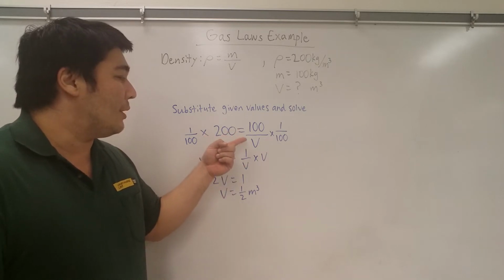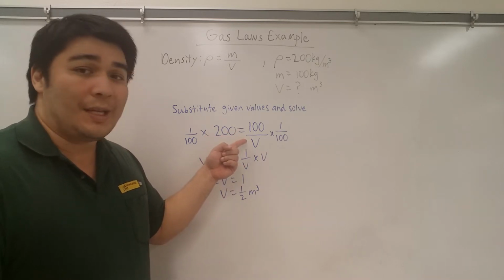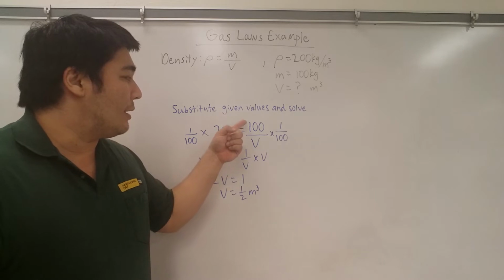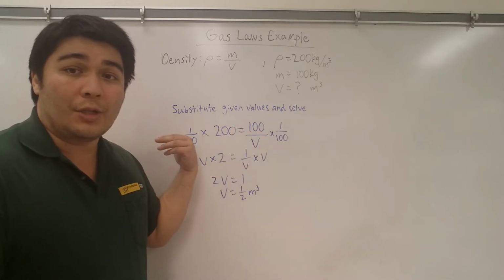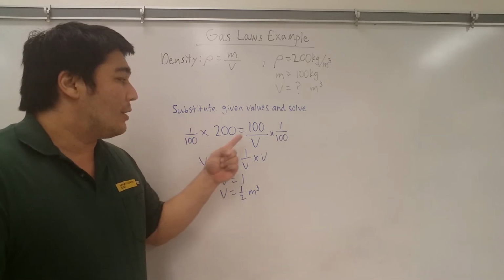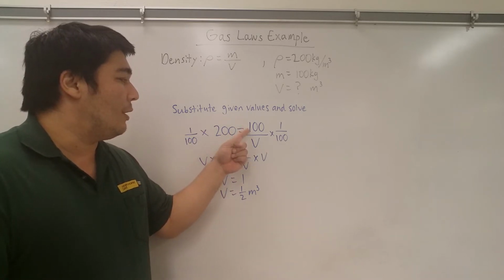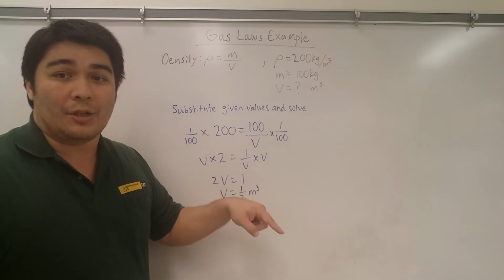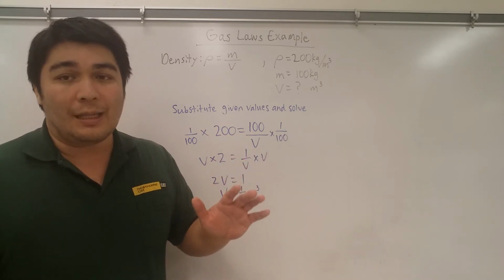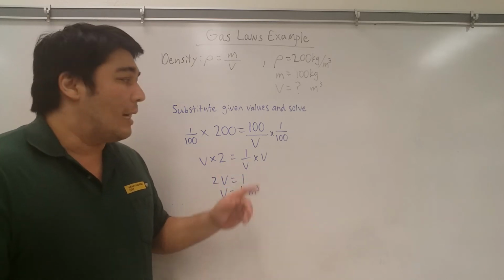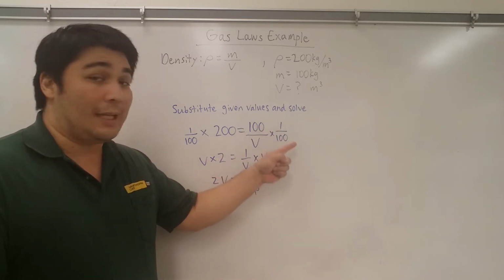What I'll do first is try to isolate v as much as I can. The 100 is in the numerator, and I'm going to move that 100 to the left side of the equation. Since 100 is in the numerator, I have to divide by 100, but instead of dividing fractions by fractions, which I have a video on earlier, I'll multiply by the inverse of it.